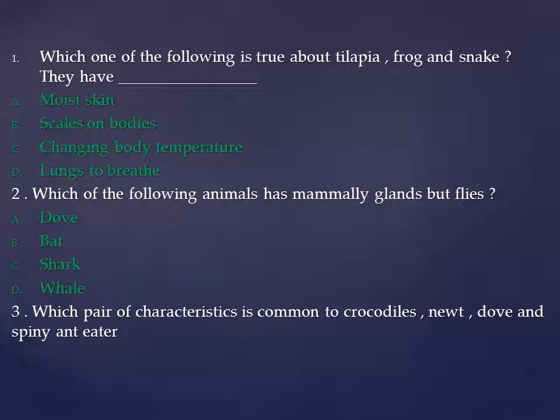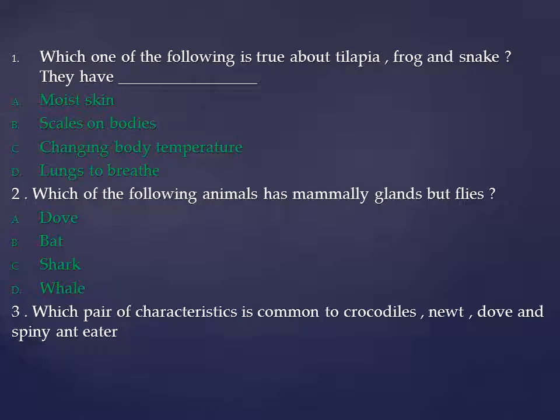Point number 1, external fertilization is found in amphibians and fish only. Point number 2, mammals, birds, and reptiles have internal fertilization. Point number 3, amphibians do not have scales and they have moist skin.